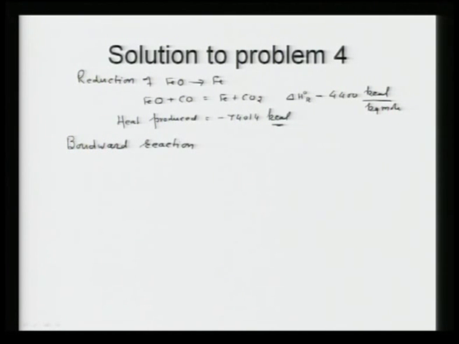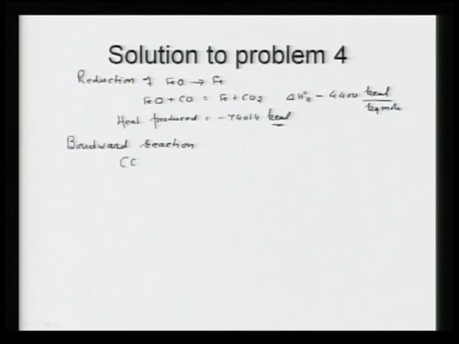Now, this Woodward reaction is the most important part of the blast furnace iron making, and the Woodward reaction is a highly endothermic reaction. The Woodward reaction consists of CO2 plus C equals 2CO. That means the Woodward reaction corresponds to reduction of carbon dioxide by carbon and produces carbon monoxide.